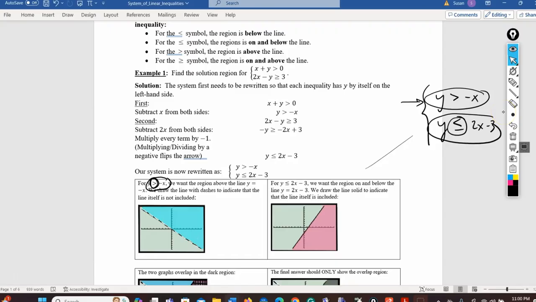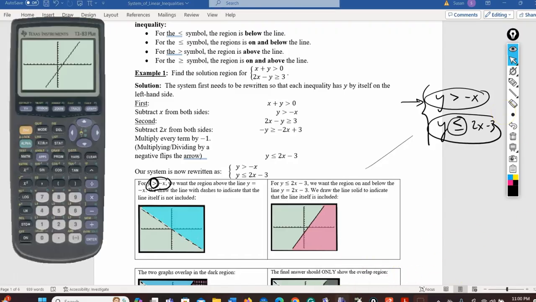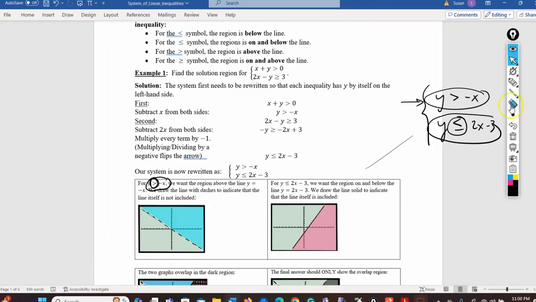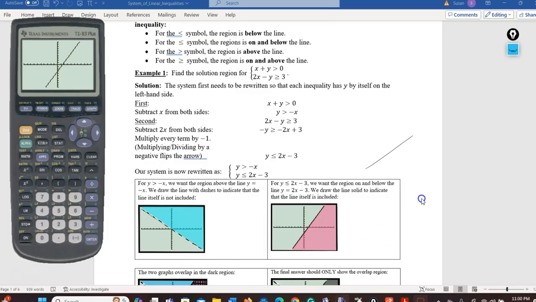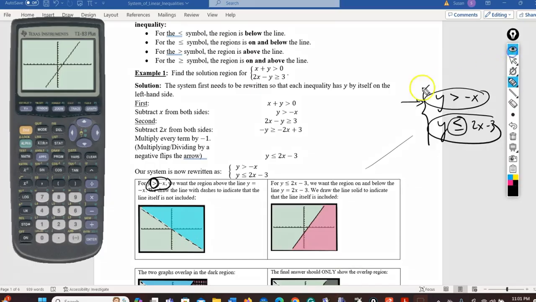For that region, I want on the line and underneath. And so I include the line and I want everything underneath. So that's what I've drawn there.